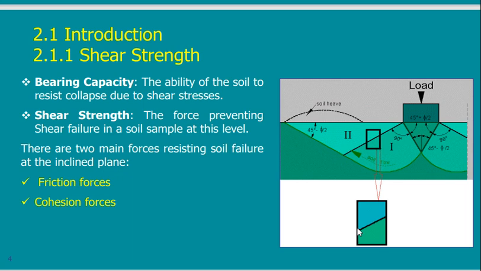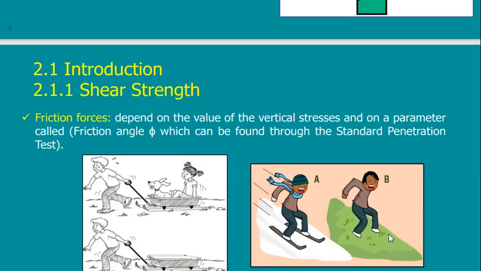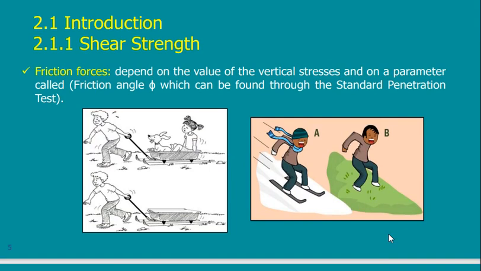So the particles above and the particles below are not going to slide on each other, but they are going to adhere to each other because of friction and because of cohesion. This is what we are going to see here with some examples.